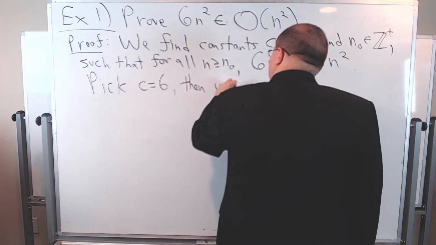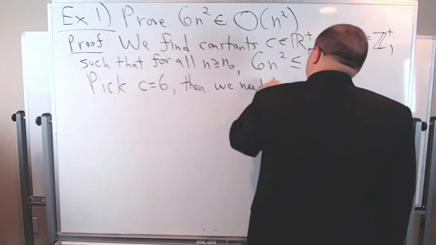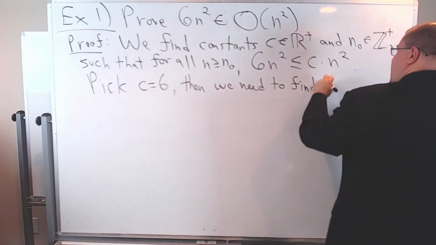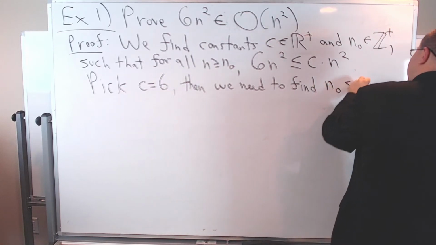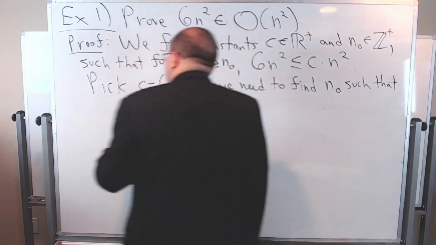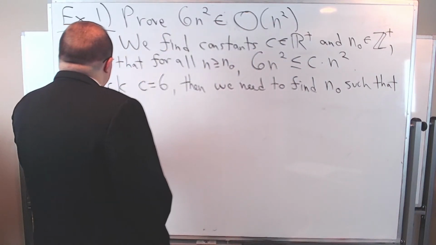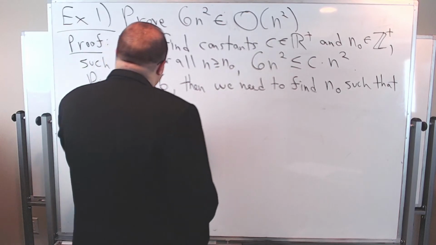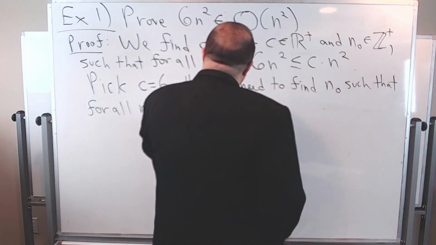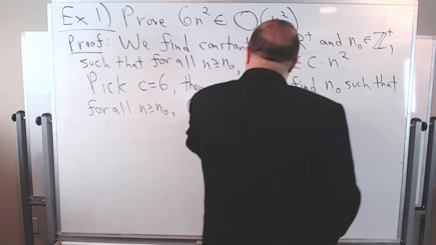Then we need to find n0 such that for all n greater or equal to n0, 6n squared is less or equal to 6n squared.